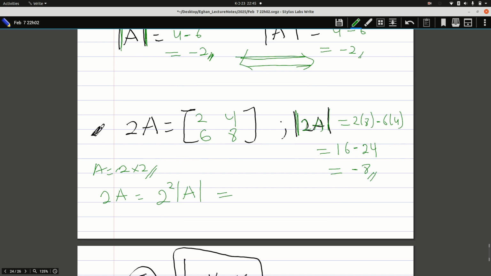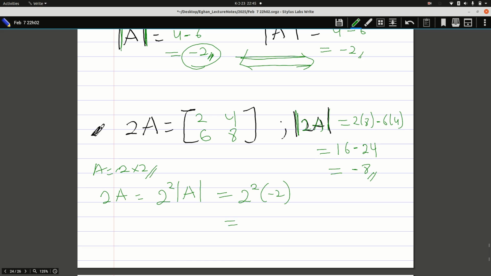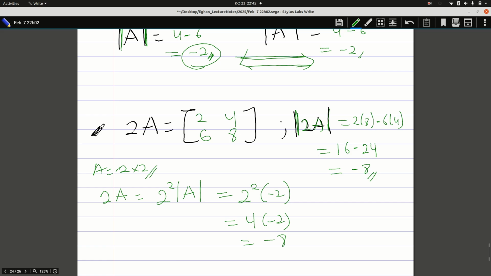So this is the same as 2 to the power 2 times negative 2. The determinant of A is from here. If that is wrong, it means our answer would also be wrong. And that's going to give me 4 times negative 2. Hooray! That is negative 8. Are they the same? Yes. So this is how smart you want to get.